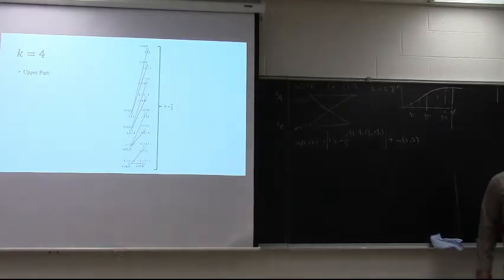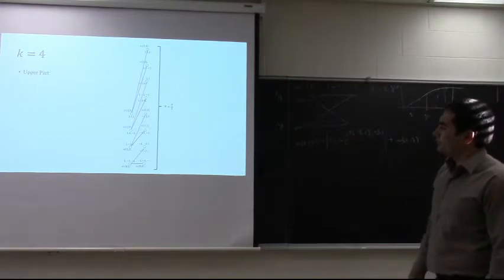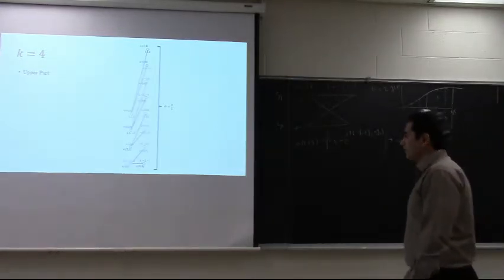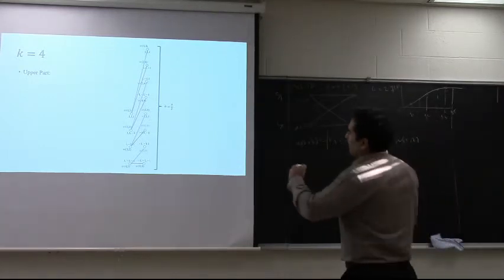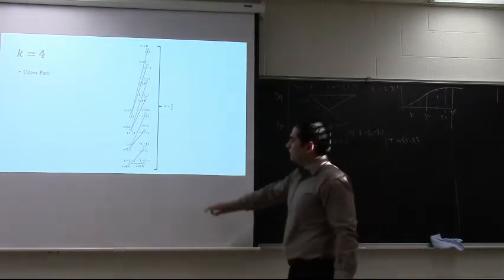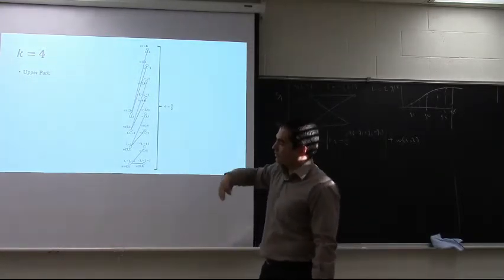For k equal to 4, upper part and lower part. Now we have the theta of n. I wrote that when you go to step 4 here, the uppercase of the Viterbi diagram will be something like this, and the lowercase.